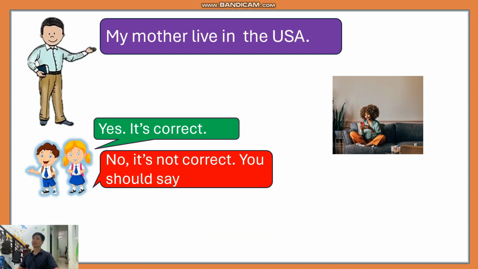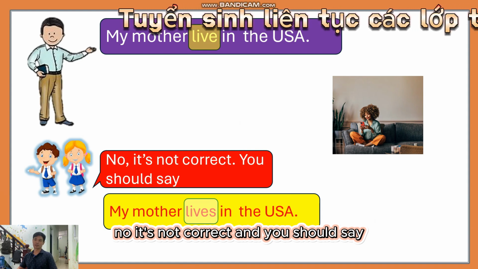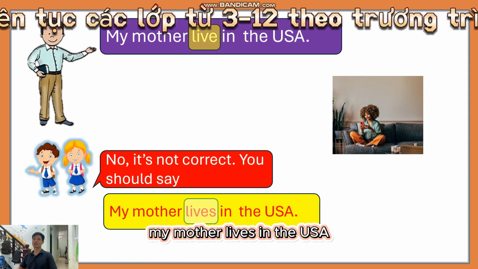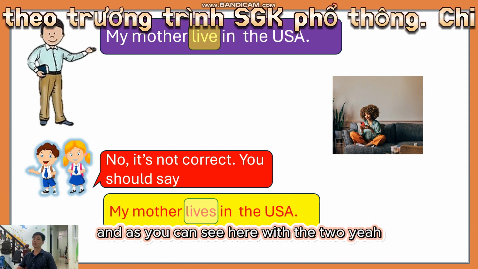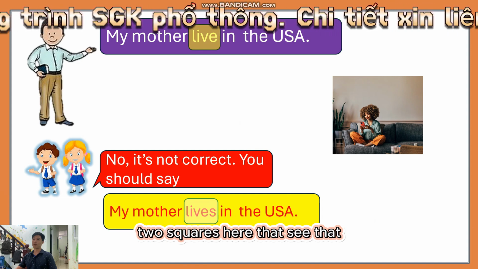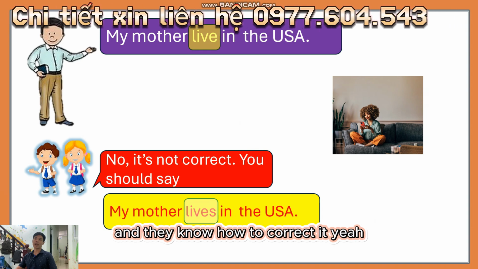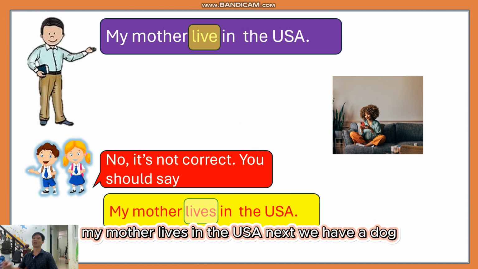And then you can click no, it's not correct. And you should say, my mother lives in the USA. As you can see here, with the two squares, the first one is wrong, and they know how to correct it. My mother lives in the USA.